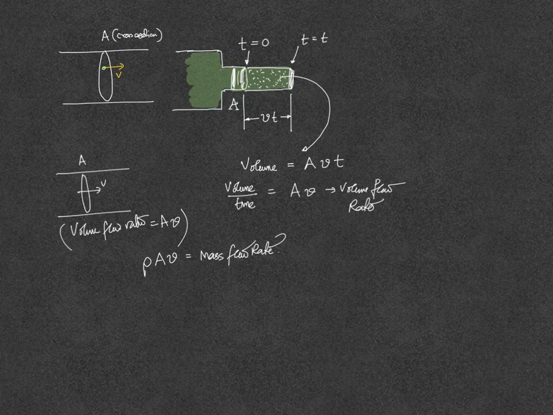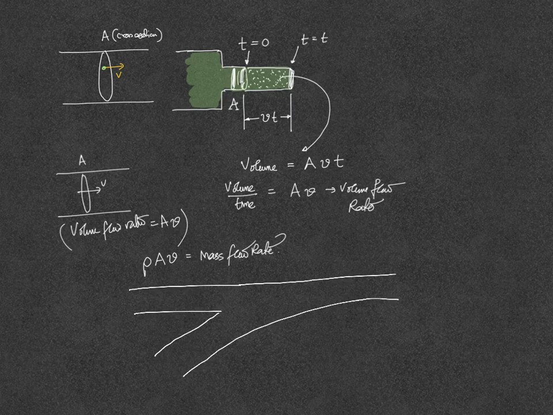So the equation of continuity is not only limited to this one pipe, right? So you have a pipe like this. At a point here, the cross section is a1 and the speed is v1, at a different point the cross section is a2 and speed is v2, and there the cross section is a3 and the speed is v3.